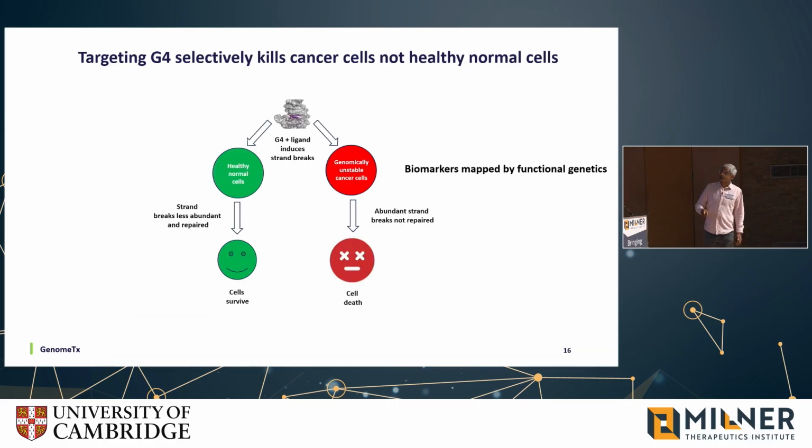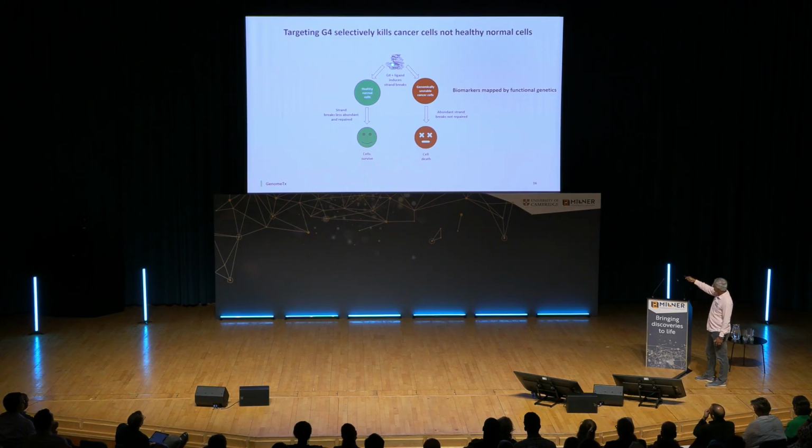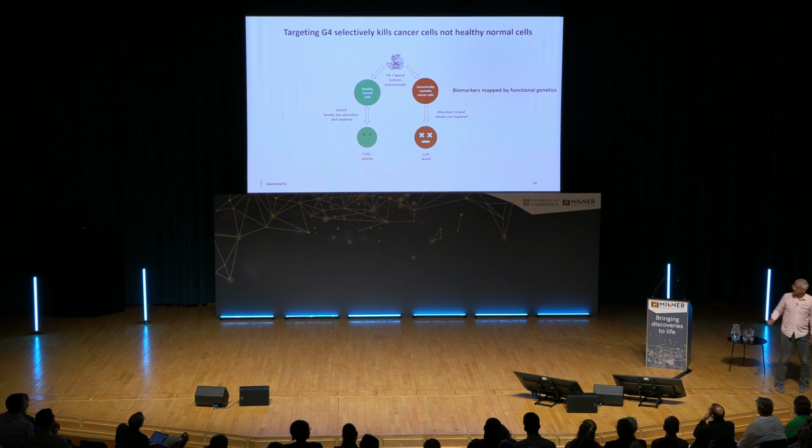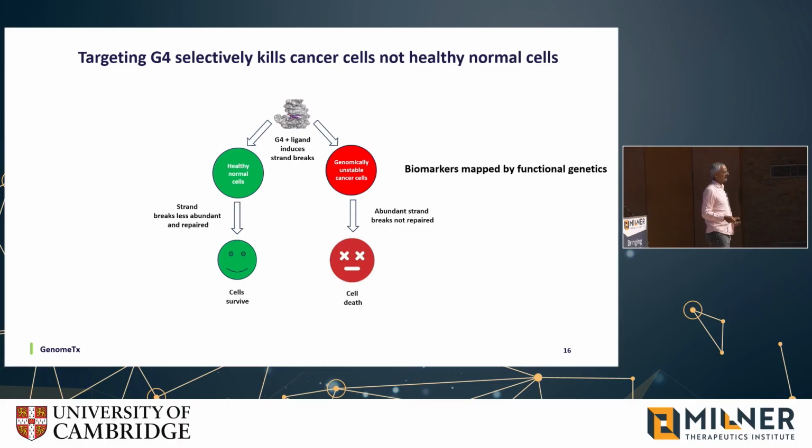And here's the premise of what's going on in genome therapeutics. In healthy normal cells, there are far fewer of these structures. If you happen to bind them with a drug, and that leads to a productive strand break, it actually gets repaired very efficiently. In cancer cells, there are far more targets, far more target engagements with the drug.